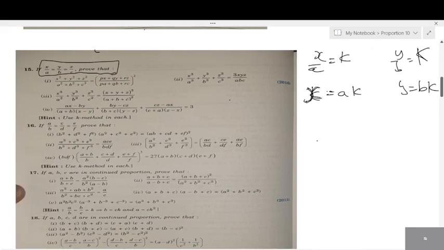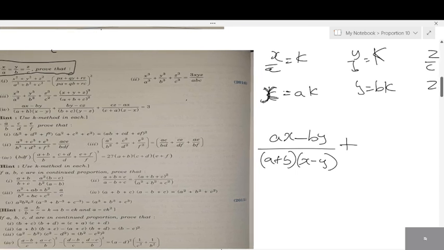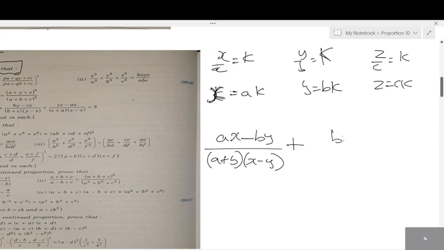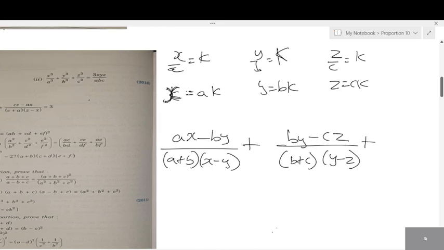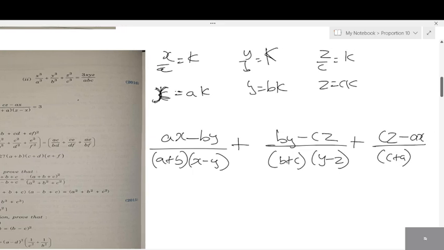Okay, we have the x value. The expression is: ax minus by divided by a plus b into x minus y, plus by minus cz divided by b plus c into y minus z, plus cz minus ax divided by c plus a into z minus x.